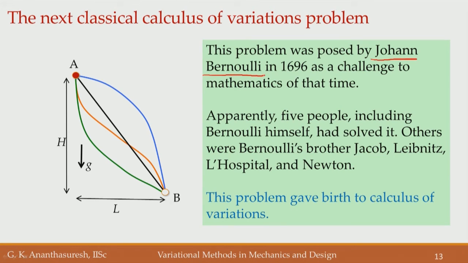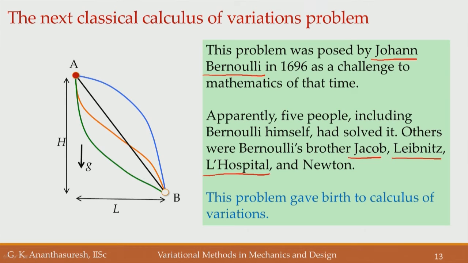In 1696 he posed this problem in a mathematics journal and gave time till Christmas for everybody to respond with answers, and at that time he had solved it himself, and he also had a brother named Jacob Bernoulli, who also had solved it, and Leibniz, who was his close associate, had also solved it, and L'Hopital, whose name you must be familiar with in the case of finding limits.